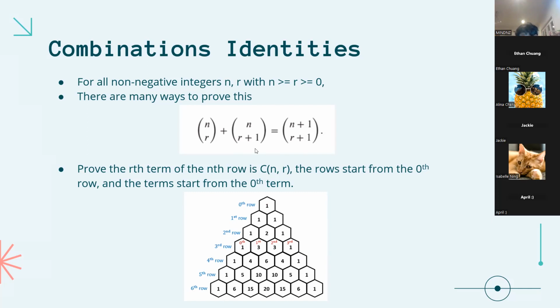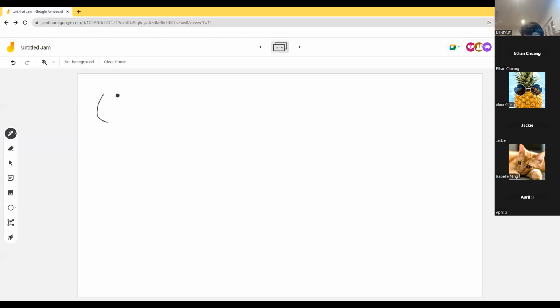Okay, so hopefully that should be quite easy to prove. I'll show the proof now. We wanted to prove n choose r plus n choose r plus 1 is equal to n plus 1 choose r plus 1. So we know what these are equal to.